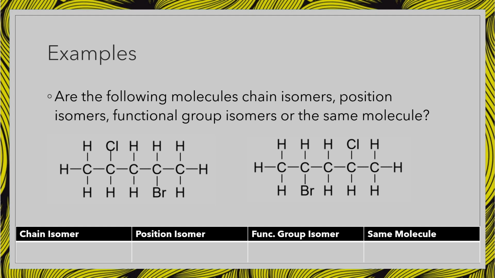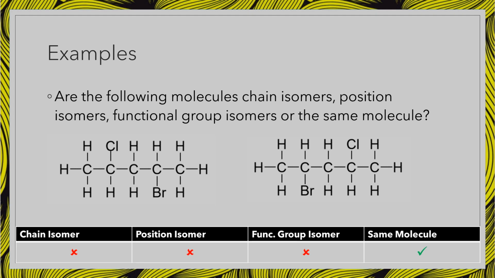This one. On the left-hand side, we have a chlorine on the second carbon, a bromine on the fourth carbon. On the right side, we have a bromine on the second carbon, a chlorine on the fourth carbon. But the way that we name it, these are just mirror images of each other. So these are actually the same molecule.